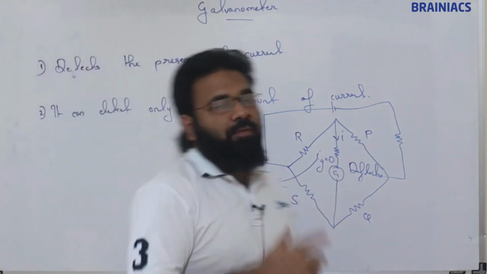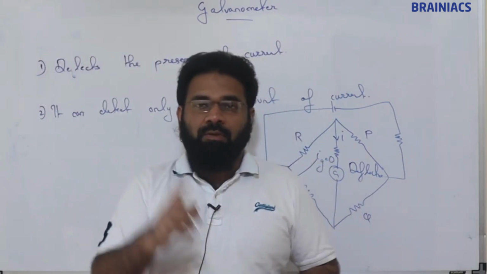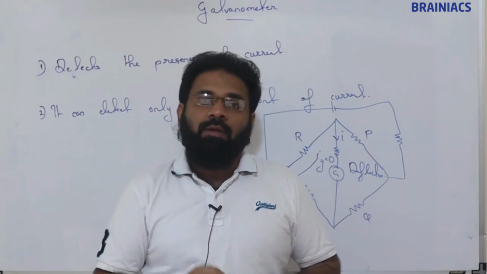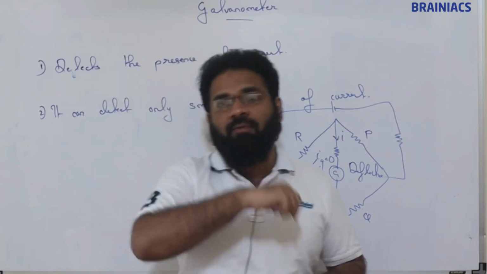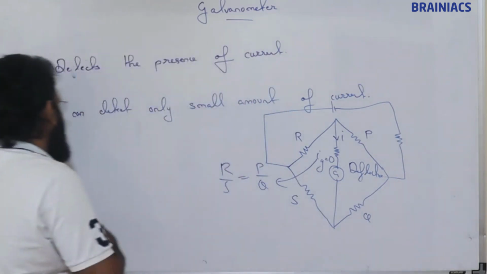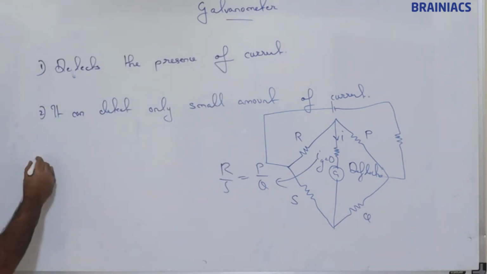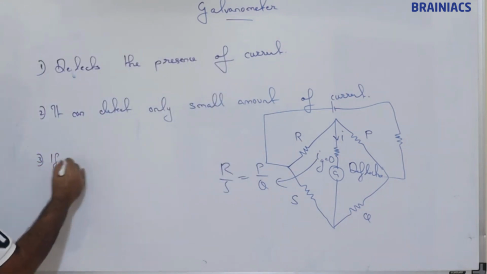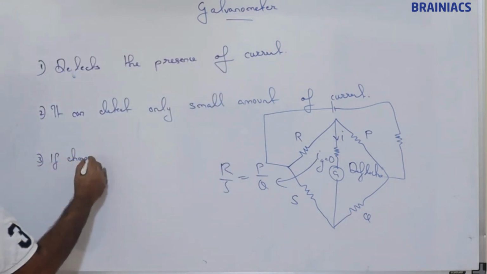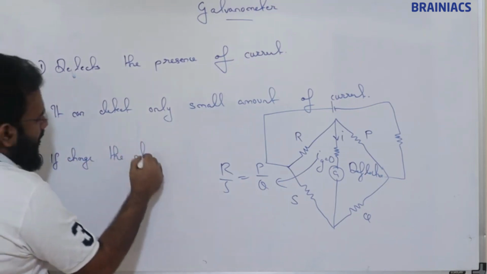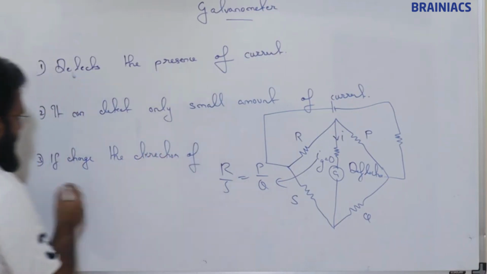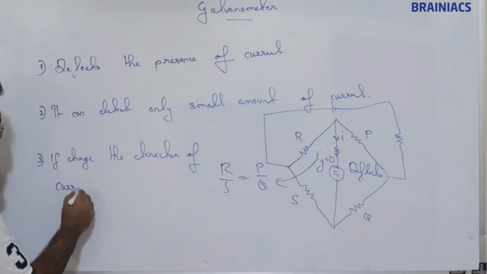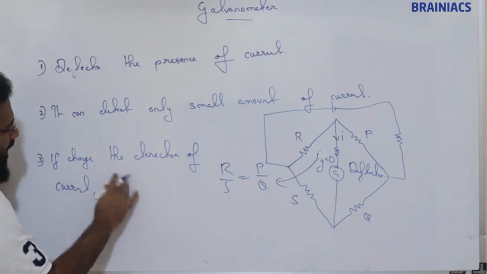So if current passes through the circuit, galvanometer will deflect. When we change the direction of current, galvanometer deflects in the opposite direction.